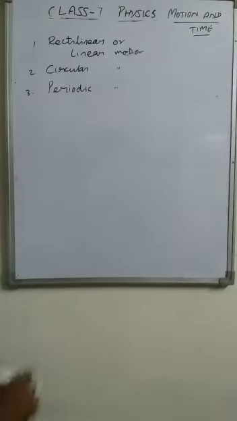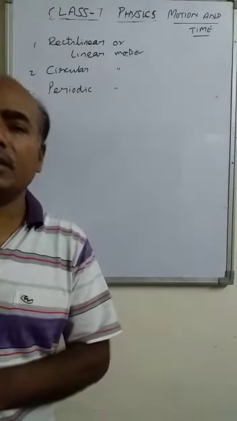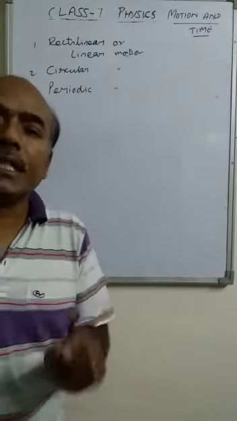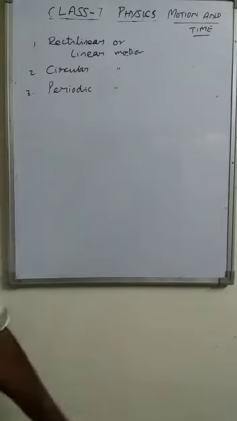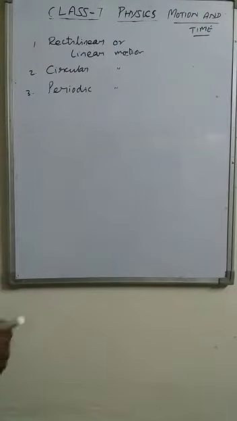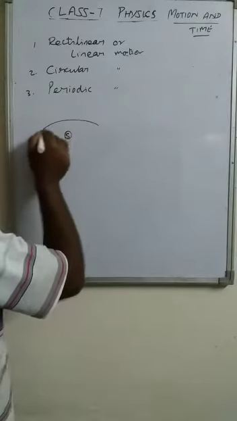Then periodic motion. Periodic motion means the motion which repeats itself after a regular interval of time. An example was also given: the earth revolves around the sun.